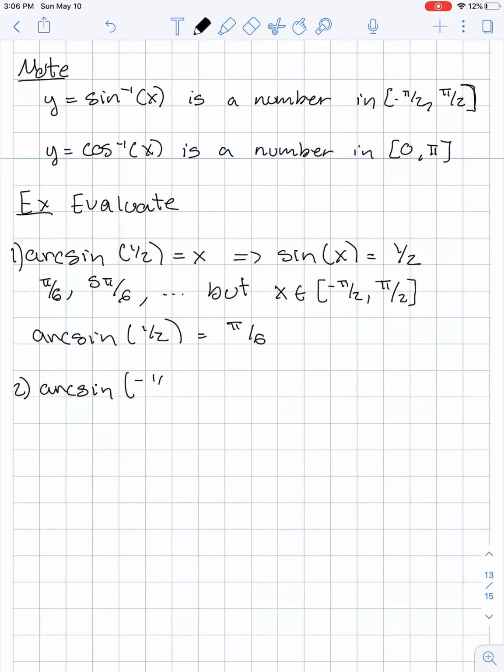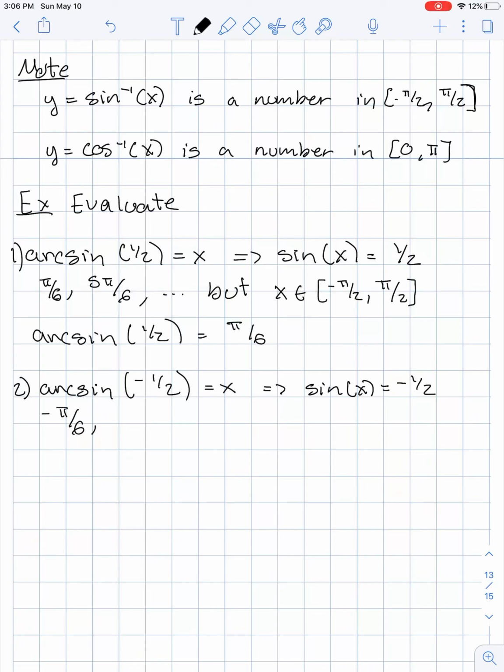What about if I ask for arcsine of negative 1/2? Well, that means that sine of x equals negative 1/2.